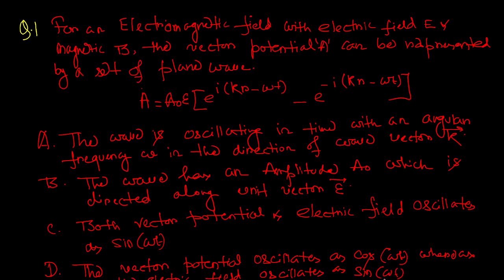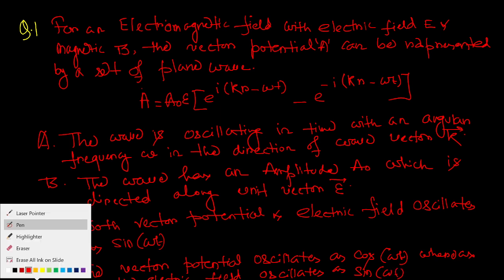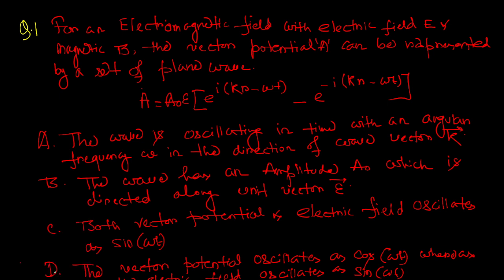Okay, so the first option is the wave oscillating with time with an angular frequency omega in the direction of wave vector k. So that is correct. Second option is that the wave function has an amplitude of A0, which has a direction along the unit vector a. So these two are correct.